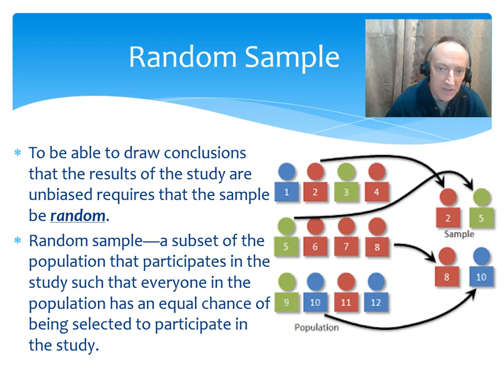Now let's say instead you're a lazy researcher and you're not trying to get a random sample. Let's say you say to yourself, well, I've got 30 some students in my class. They're a captive audience. I'll just gather my data from them.